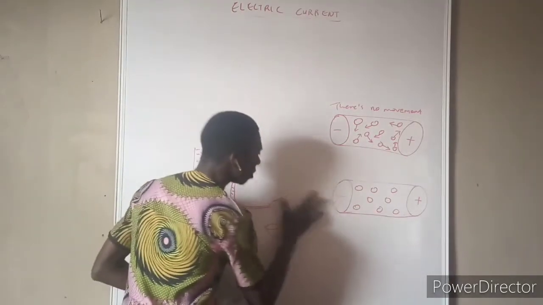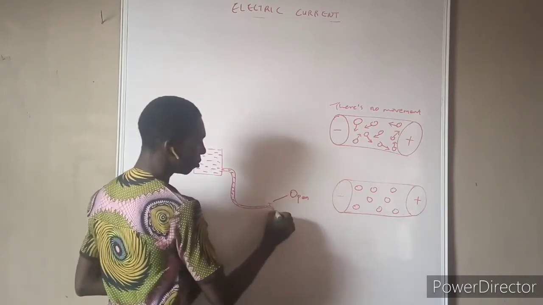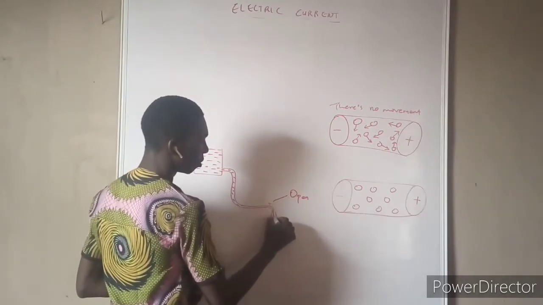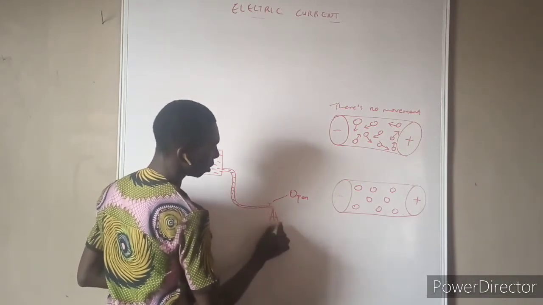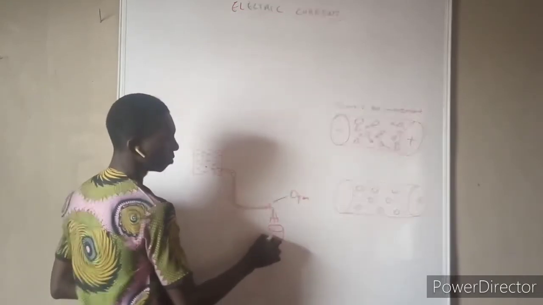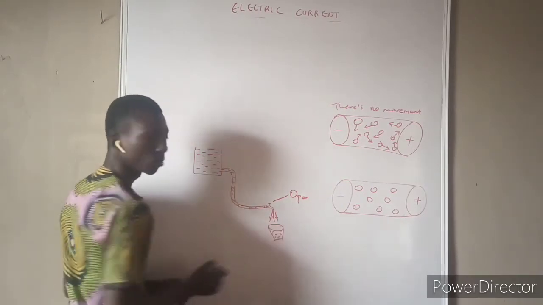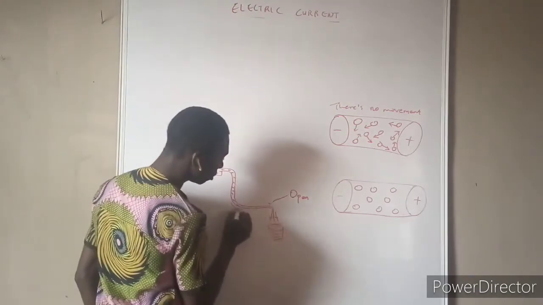So what happens once I unlock the valve of the tap, once I open it? Water comes out, right? And when water comes out, this bucket is likely to be filled. Once I open this, everything moves in this direction.